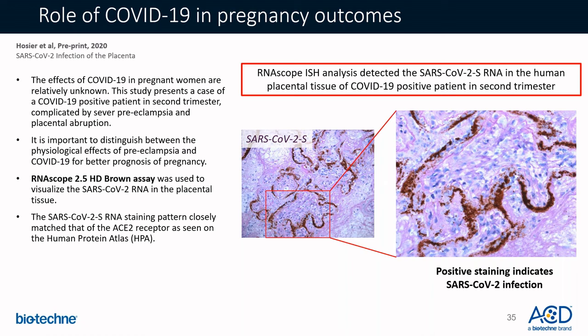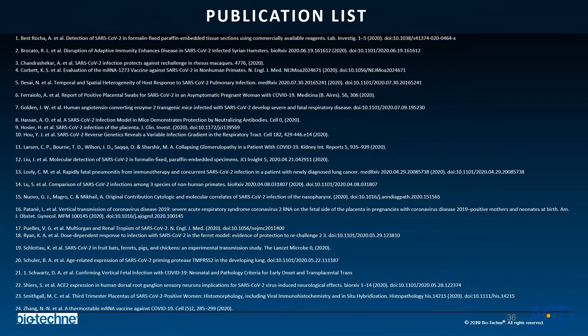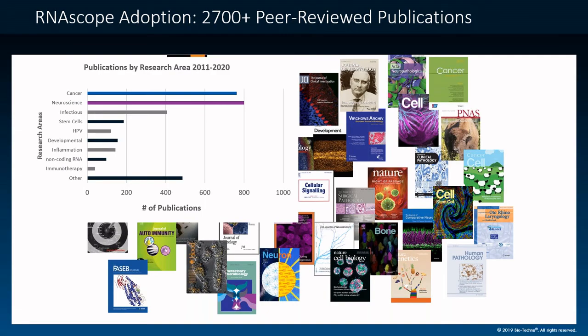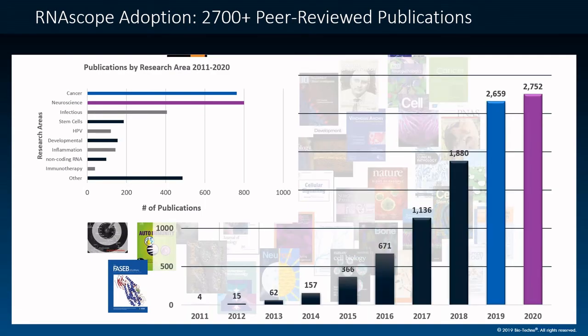So we've really seen a broad application of RNAscope in answering different questions in the research field. And I've only shown you the tip of the iceberg, as there are a lot more publications supporting these applications in infectious disease research. But going back to our general applications, the growth and adoption of RNAscope technology is best exemplified by the number of peer-reviewed publications.